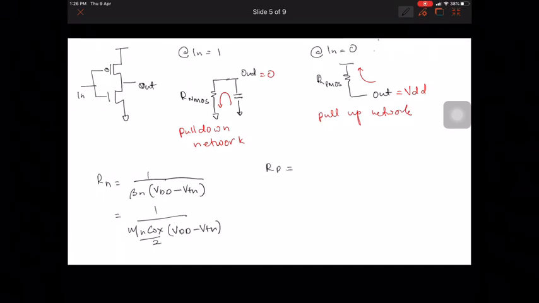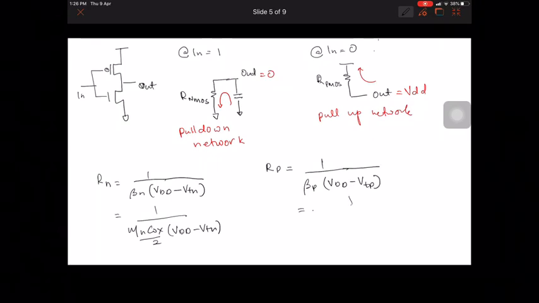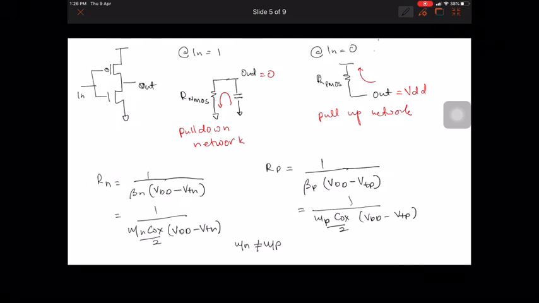Rp equals 1 over beta P (VDD minus VTP), which equals 1 over mu P COX over 2 (VDD minus VTP). Because mu n is not equal to mu P, as I already explained, therefore beta n is not equal to beta P.